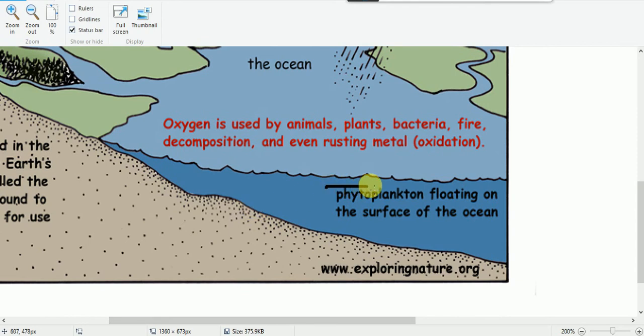These are microscopic organisms living in the ocean, phytoplankton floating on the surface of the ocean.